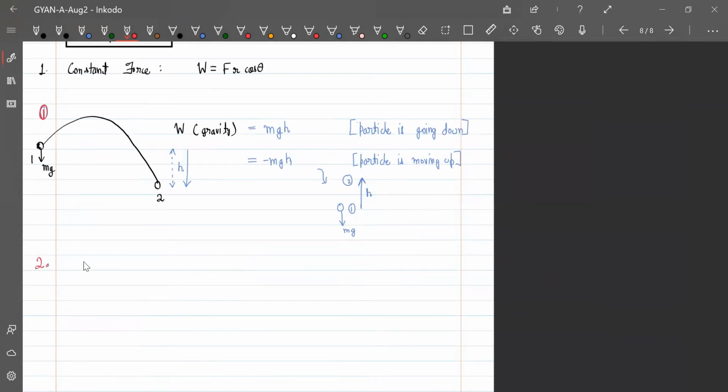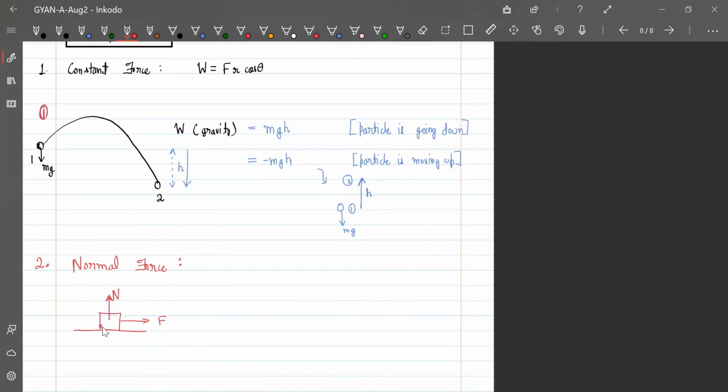Second case, we can take a normal force. So normal force, very rare that normal force does work. So in a simple case like a block is just kept or is moving, and normal force is acting upwards, but it is not moving due to normal force.